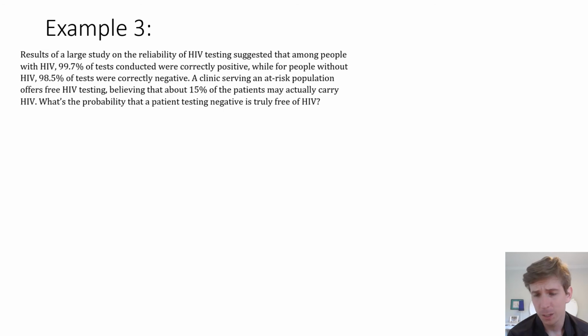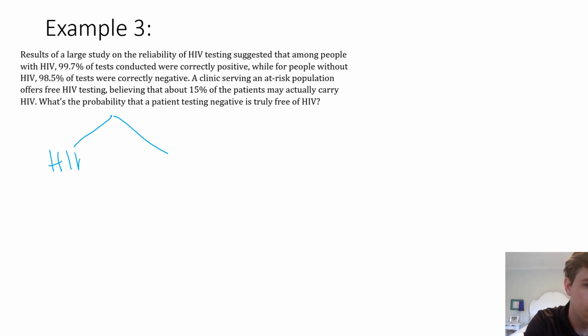All right, first things first, I'm going to ignore that question completely right now. I'm going to draw my tree diagram, to help myself actually visualize what's going on here. So the first break in the action here is they actually have HIV or they do not have HIV.